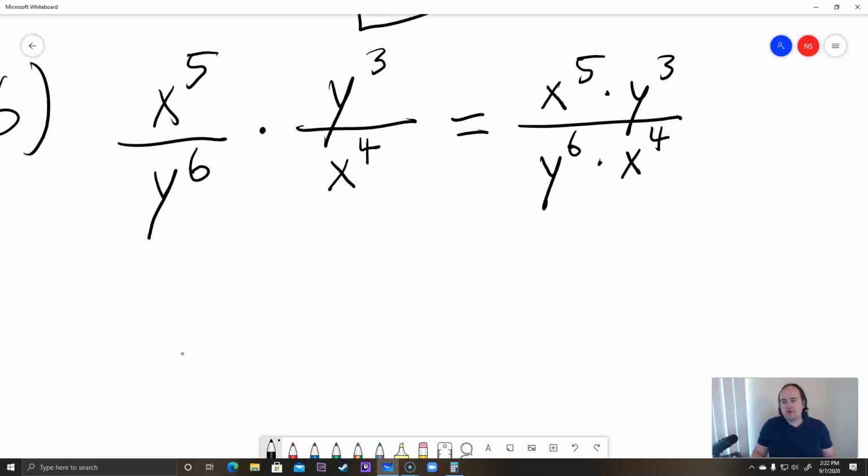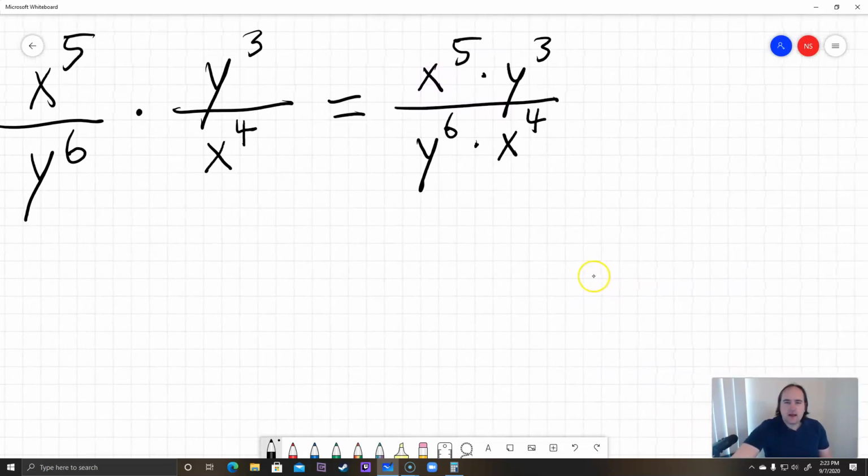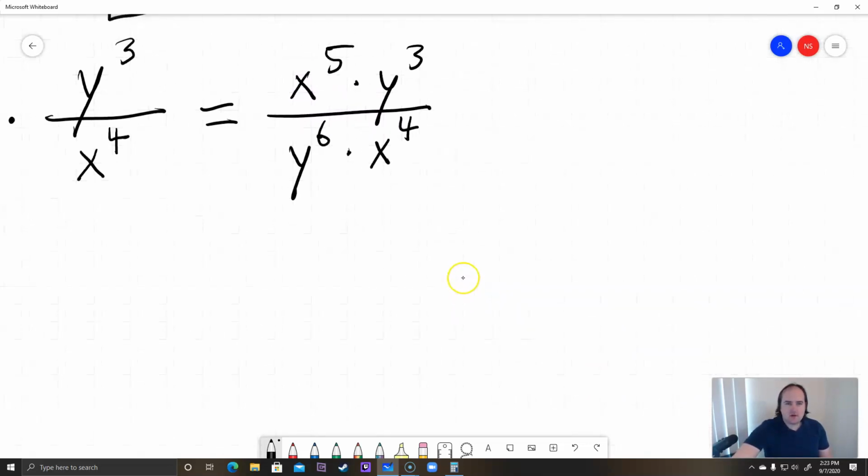One way is to subtract the exponents: look for the bigger exponent for that variable, and subtract the smaller exponent from it, wherever the bigger exponent was. The other way is to write everything out, in other words to write x to the 5th as x times x times x times x times x. I personally prefer subtracting the exponents, but I'll do it both ways.